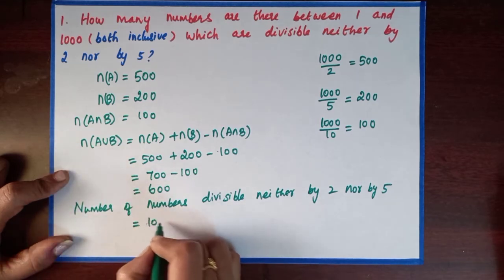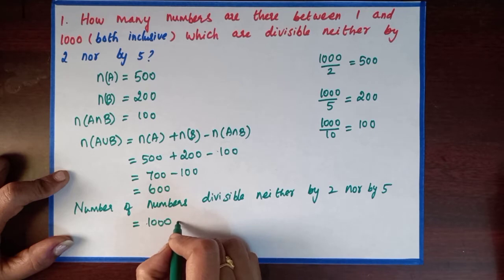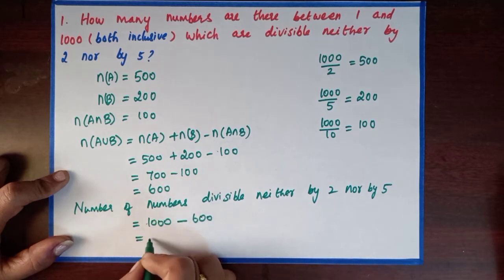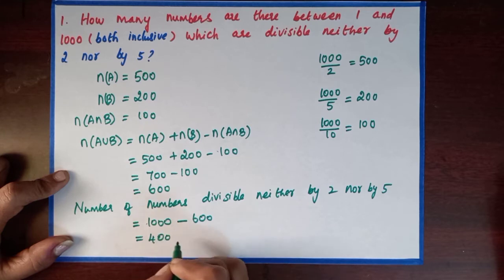So total number is 1000 minus 600, which is equal to 400.